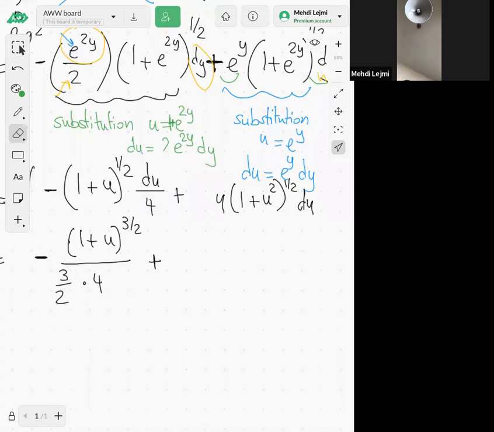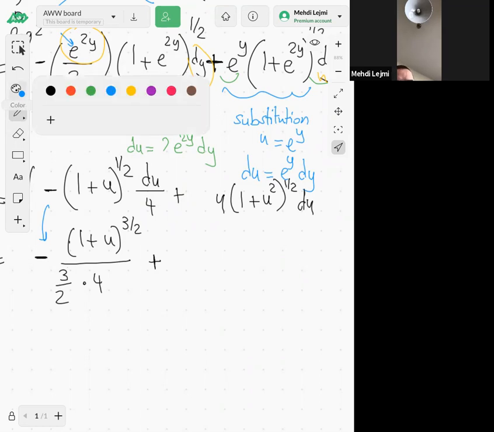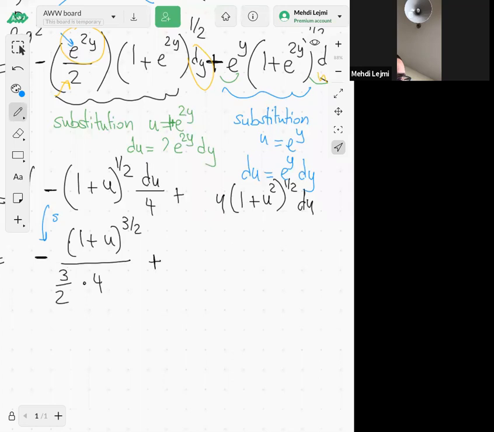Probably it would be easier to take 1 plus e to the 2y, because to go from 1 plus u to the power half to 1 plus u to the power 3 halves, we have to use a substitution again, right? But then, okay, let's see here. So here I need to use a substitution again.